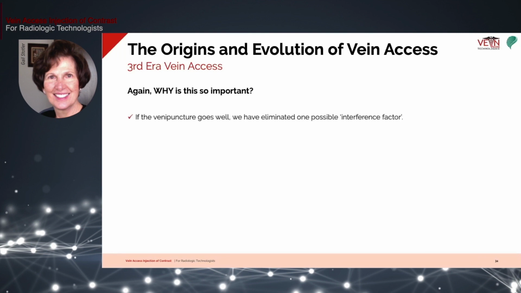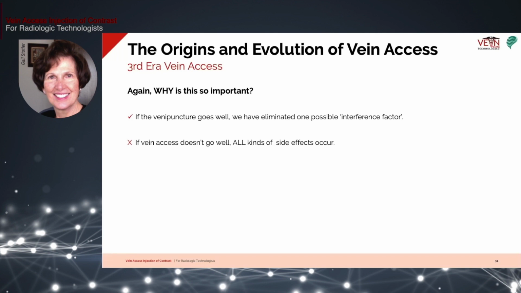So again, why do we need to change anything? Why not keep going like we are? Well, if venipuncture goes well, then you've eliminated one of the possible interference factors in the infusion of contrast procedure, because we know there are some other problems that can be had. But if vein access doesn't go well, that first step, all kinds of side effects occur.